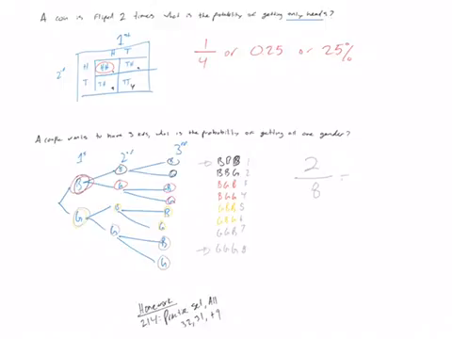So that would reduce to 1/4, which is similar to the one up there. Or we could say 0.25, or a 25% chance. So it's unlikely that all 3 of them would be the same gender.